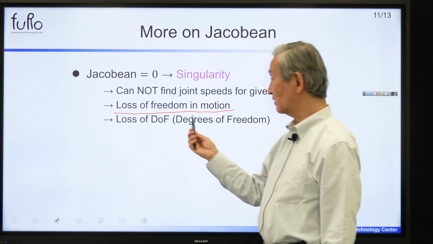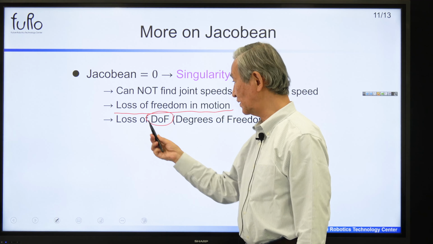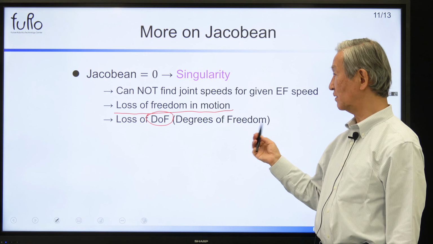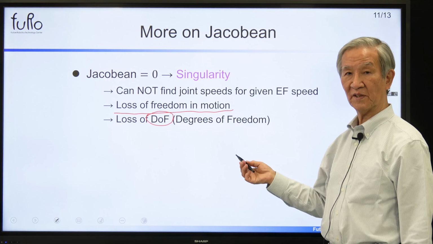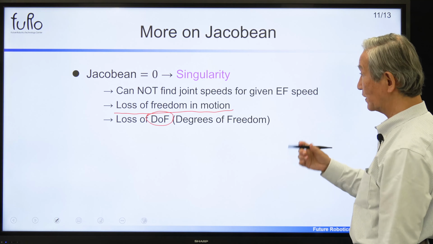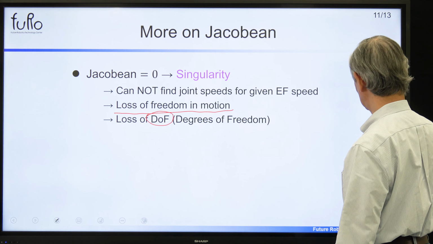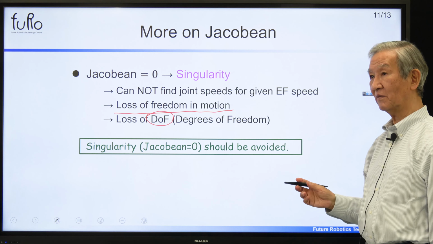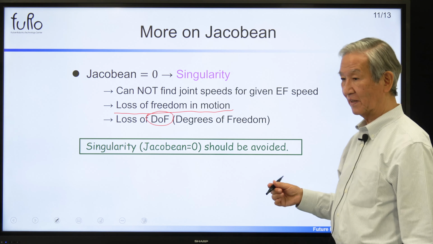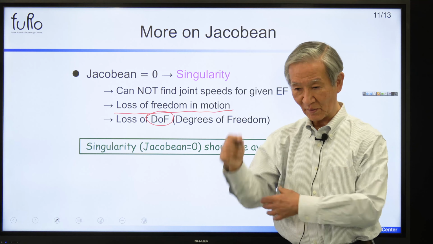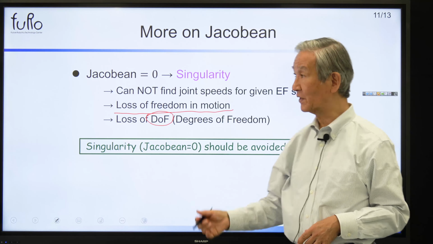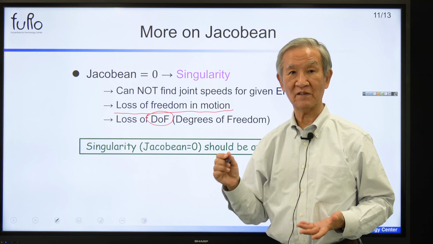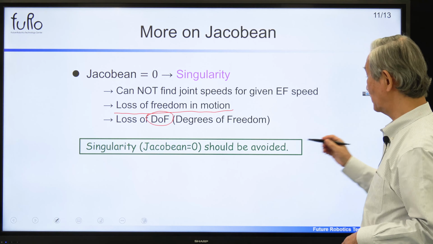The technical word for that is DOF, degrees of freedom, loss of degrees of freedom. That's what's happening when the Jacobian is equal to 0. So singularity should be avoided, right? Naturally, you want your robot to move around freely, but if this happens, you cannot. So this should be avoided.